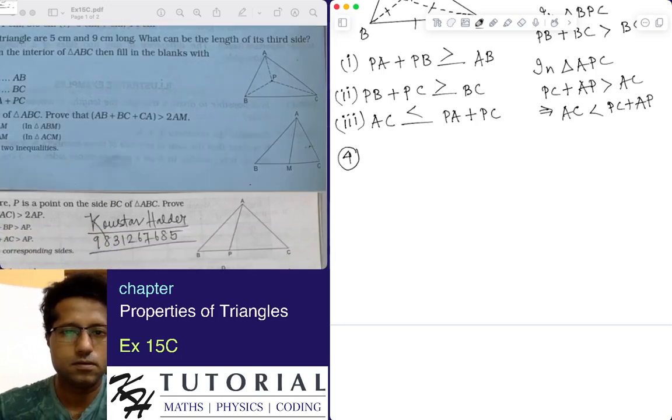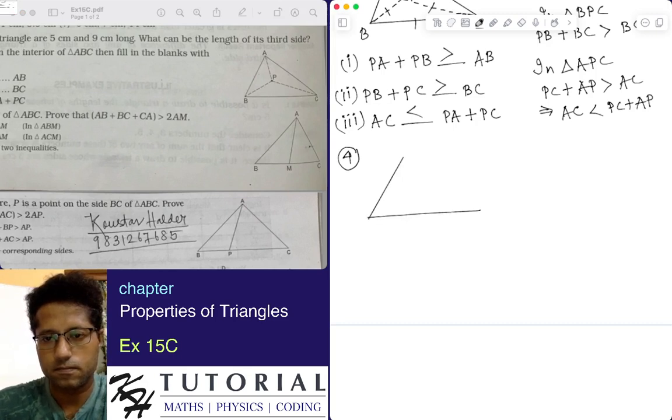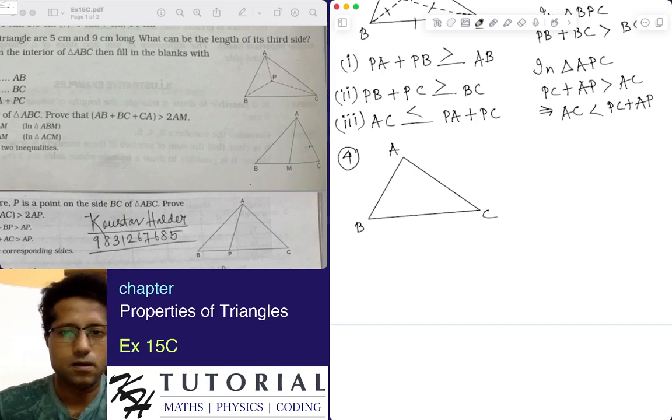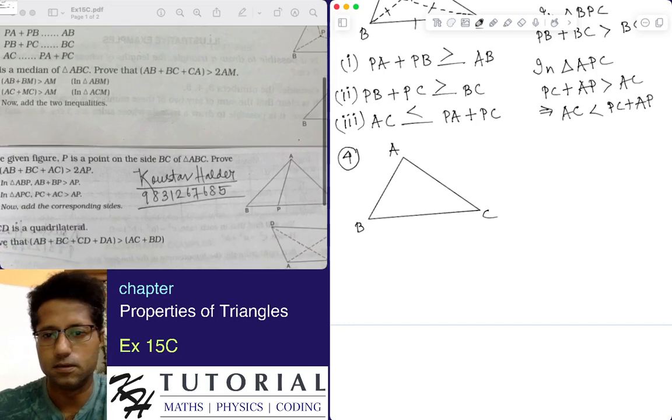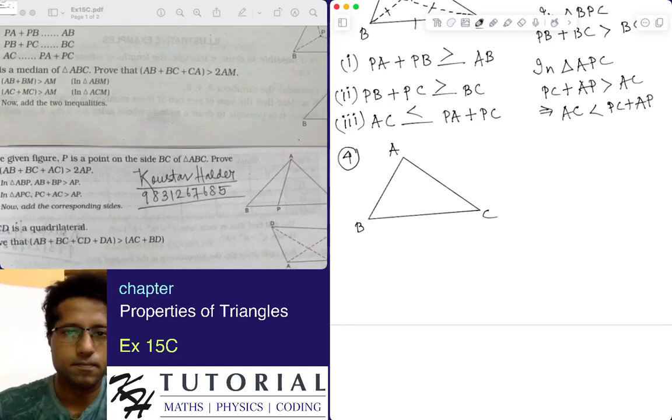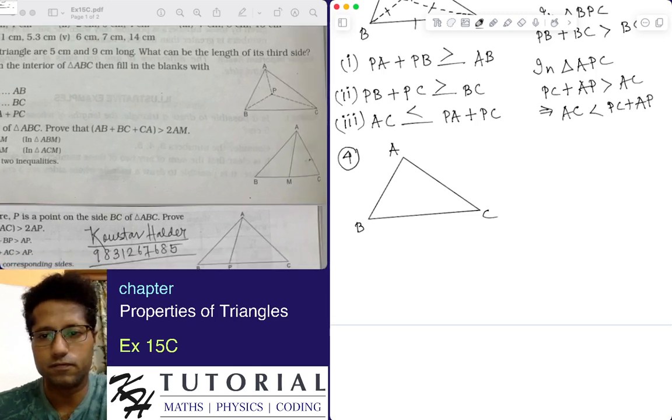We have a triangle ABC, and AM is a median of triangle ABC.